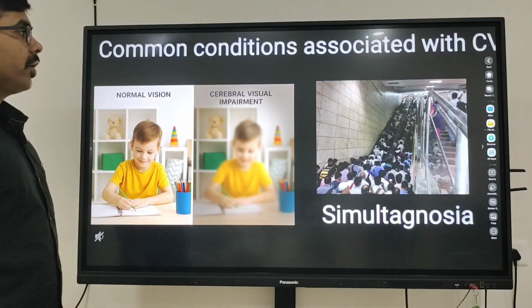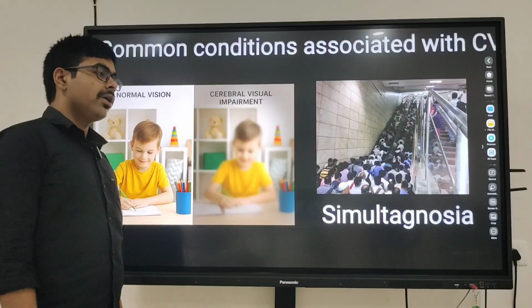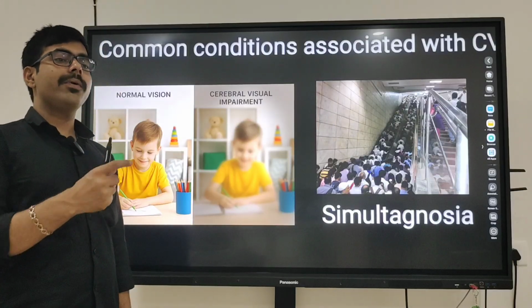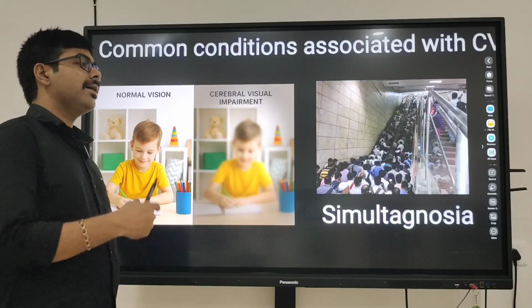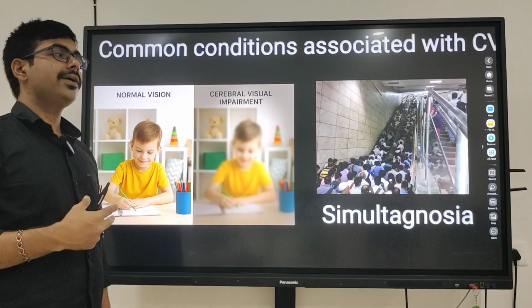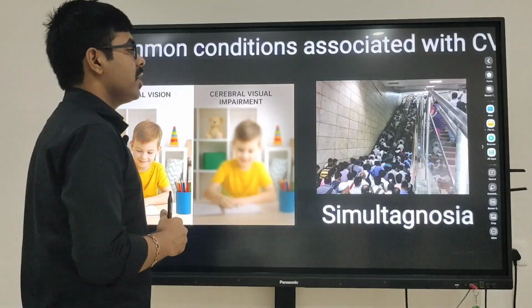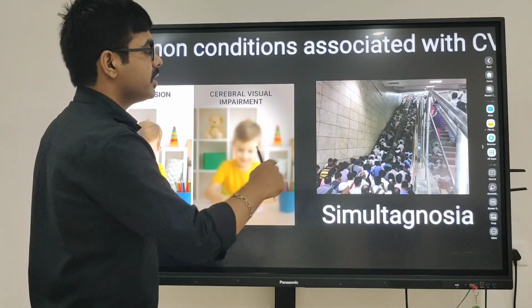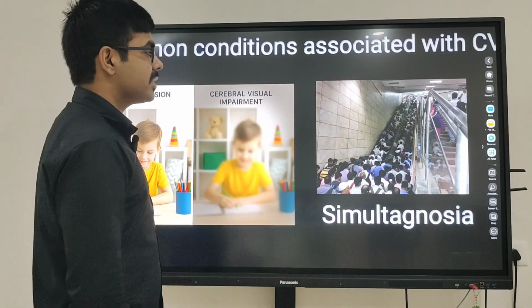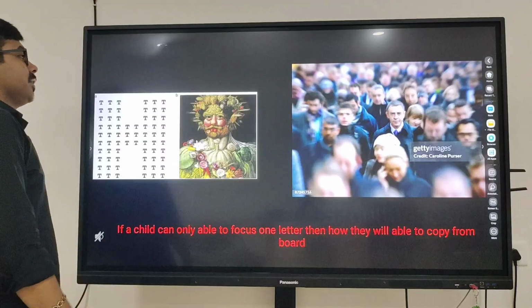Next, a common condition associated with cerebral visual impairment is difficulty when seeing. Whenever we change the contrast or the visual acuity, or when there is blurring of vision, we have a problem identifying objects or processing the information. Simultaneously means that if multiple things are going on, there will be a problem processing the full information.